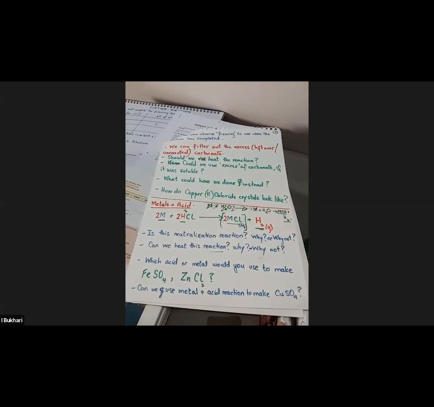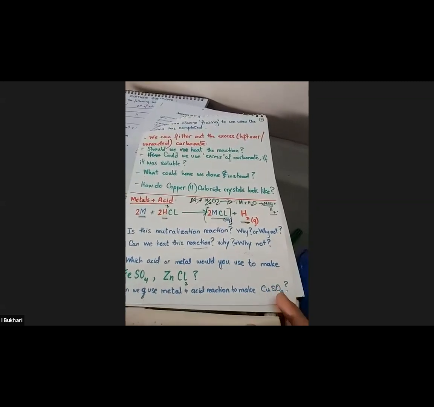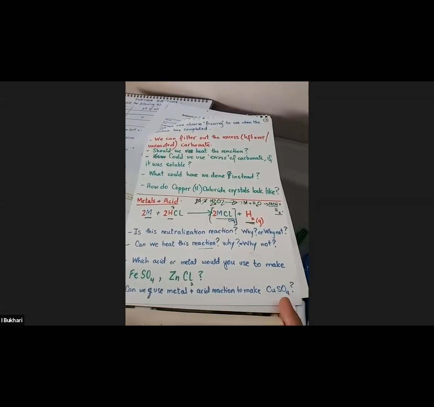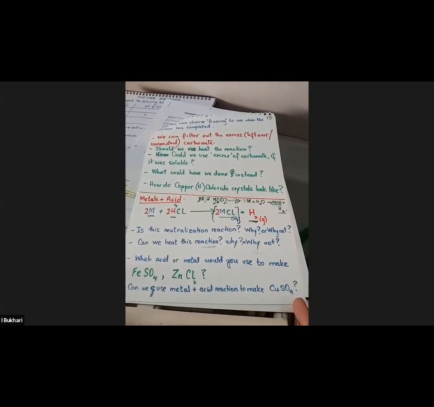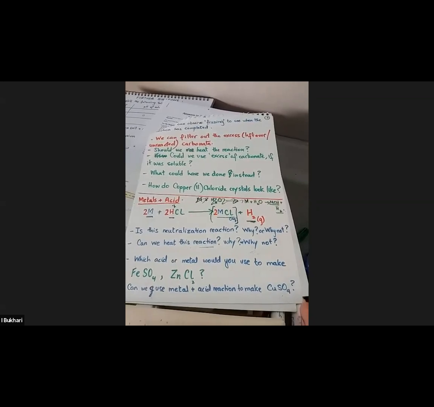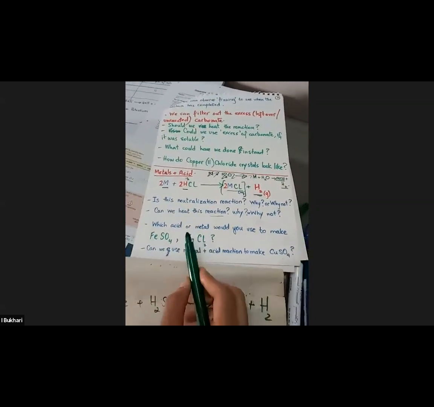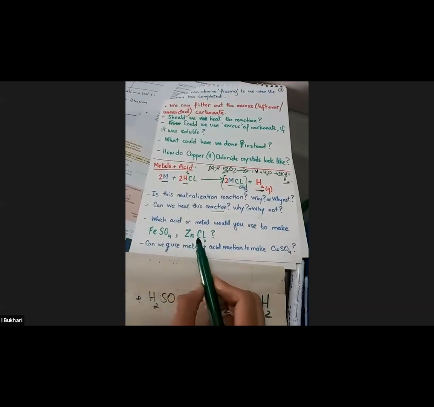Fluorine is even more reactive than chlorine, because remember, in halogens, in nonmetals, the reactivity decreases down the group. So fluorine is above chlorine, so it's more reactive than chlorine. Okay, now tell me, what acid or metal would I need to make zinc chloride?